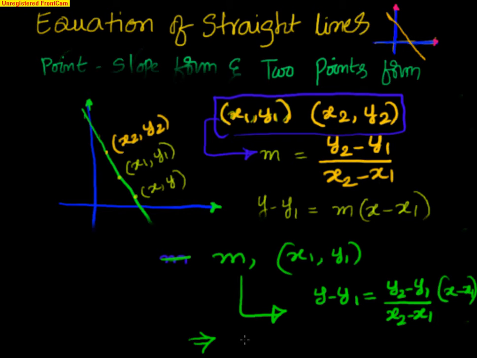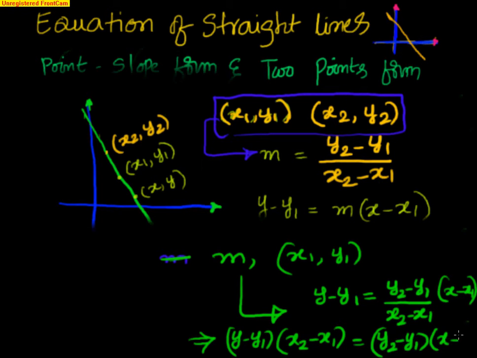So this equation becomes, you can take it as it is, y minus y1 equal to y2 minus y1 by x2 minus x1 into x minus x1, or you can cross multiply and say y minus y1 into x2 minus x1 is nothing but equal to y2 minus y1 into x minus x1. I think this is not confusing.